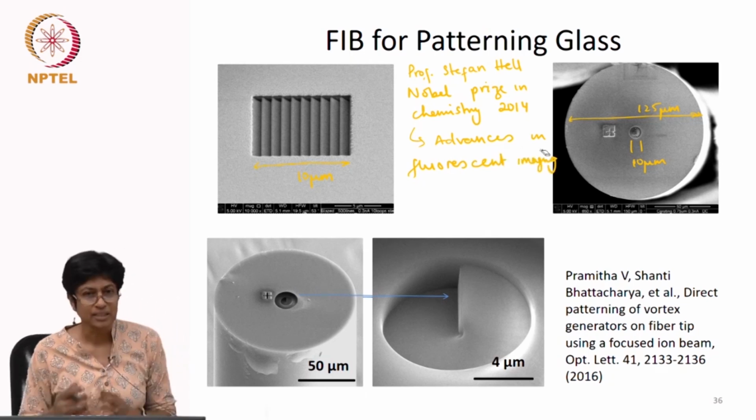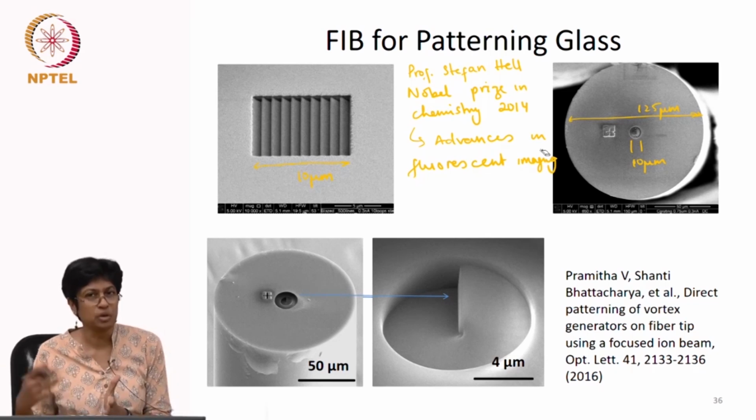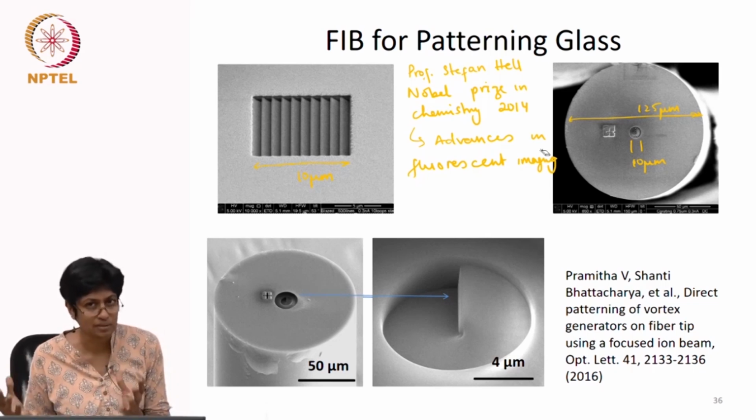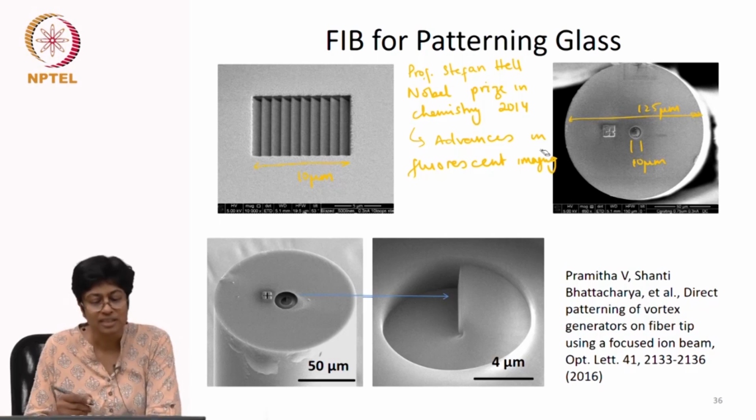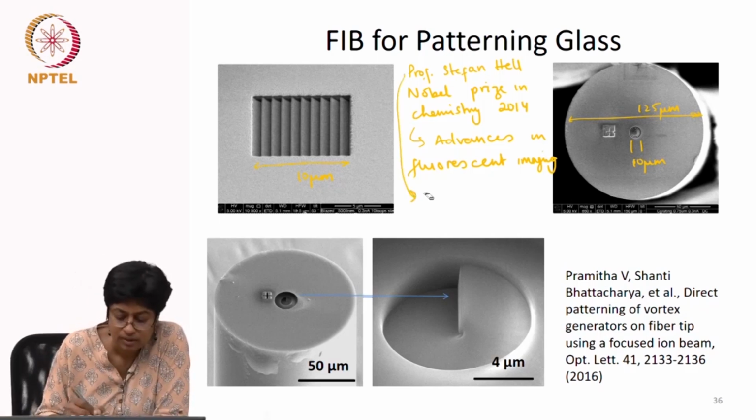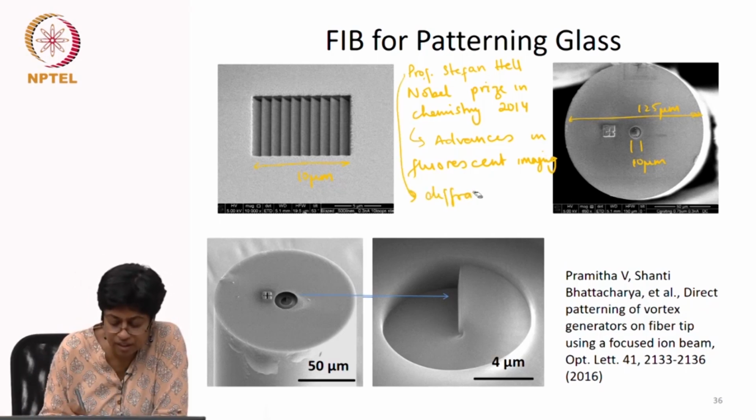And you can imagine that in imaging, resolution of your imaging system is always a major issue, and the best systems are diffraction limited, and Stefan Hell used, surprisingly, diffraction. So he used a diffractive element to create a super resolution system.